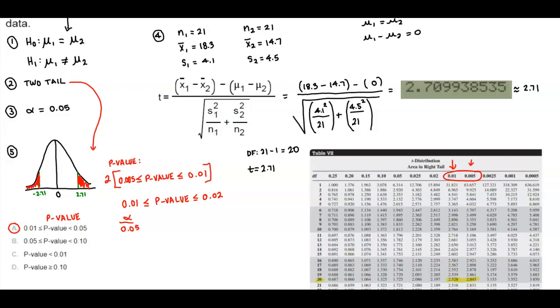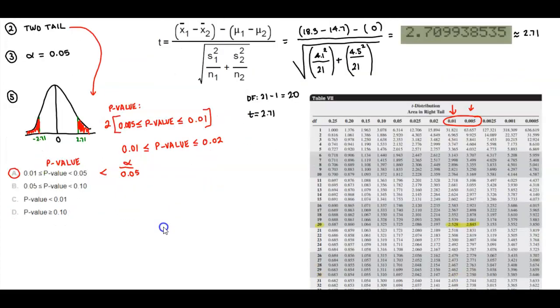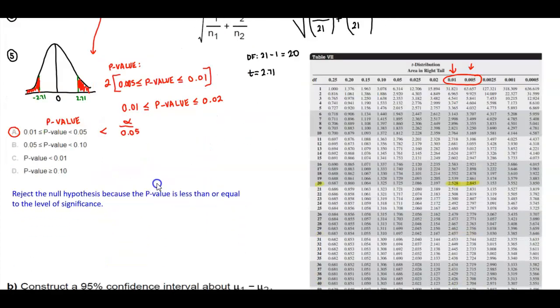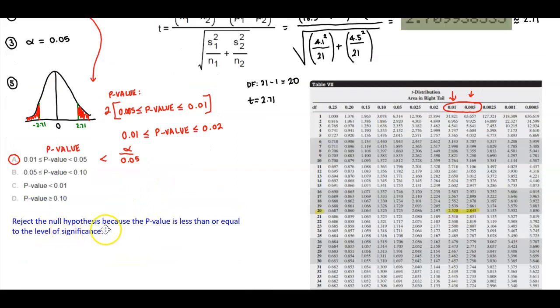So we know that that value is going to be less if it is in between there. If it is less, then we're going to reject the null hypothesis because the p-value is less than or equal to the level of significance.